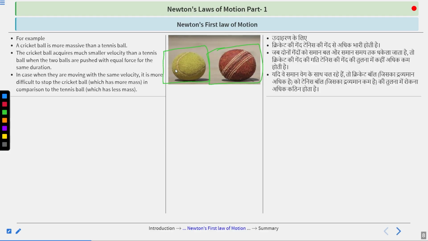You could easily handle it. But when it is a leather ball, your velocity will be higher and it will require some extra effort to handle the leather ball, because the mass of the leather ball is higher in comparison with the mass of the tennis ball. So the inertia of the leather ball is higher in comparison to the inertia of the tennis ball.